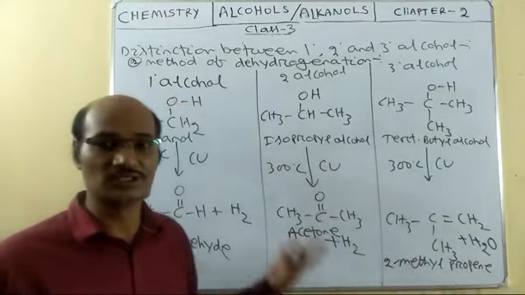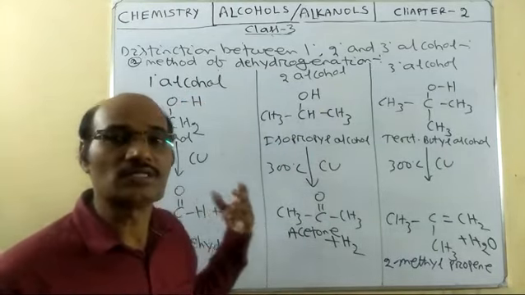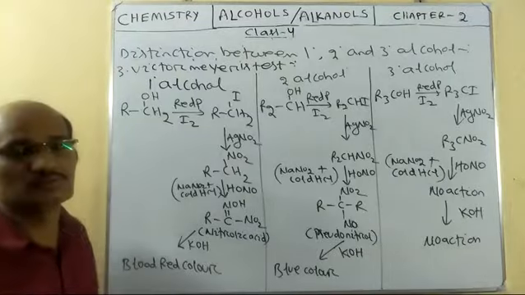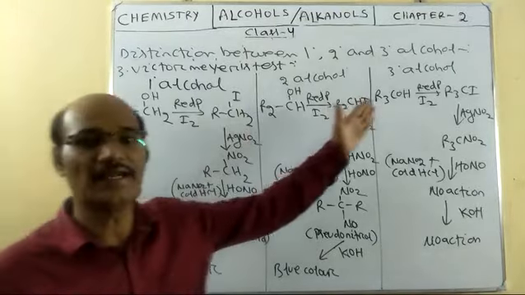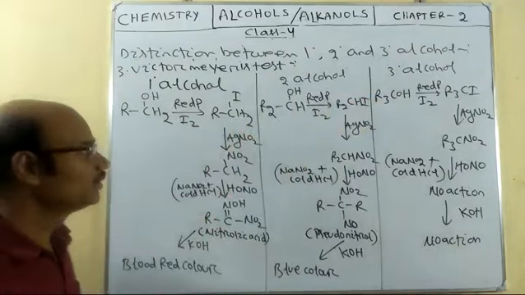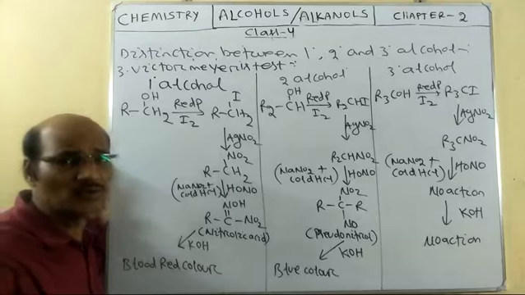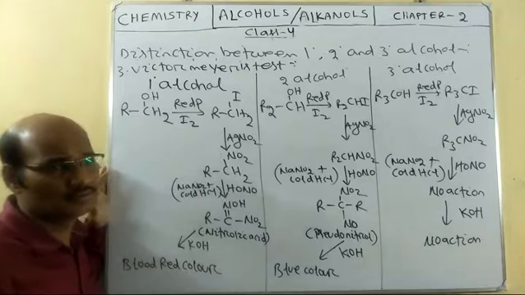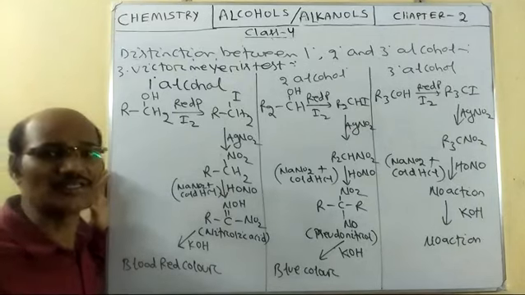Now the next method is the Victor-Meyer test, to distinguish between primary, secondary, and tertiary alcohol. In this test, we go through a series of reactions, so many steps, and finally we get the conclusion.